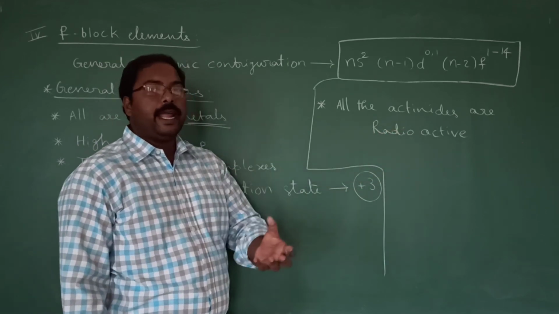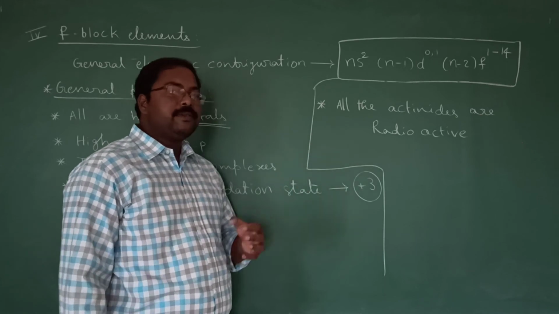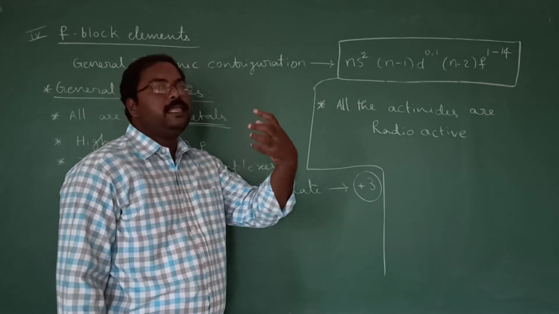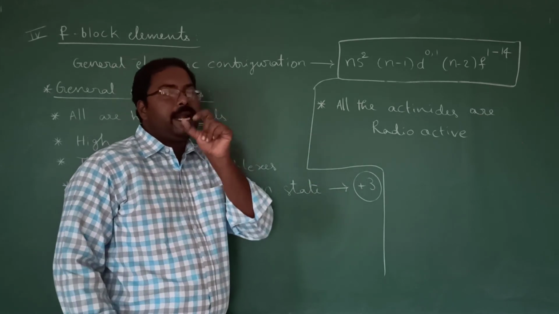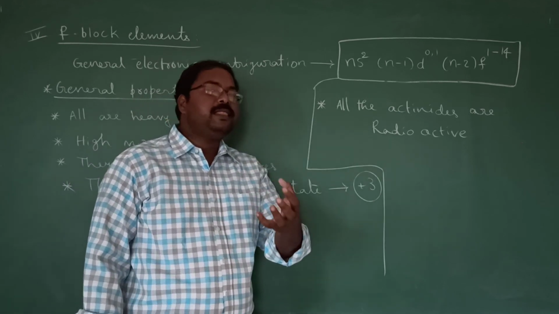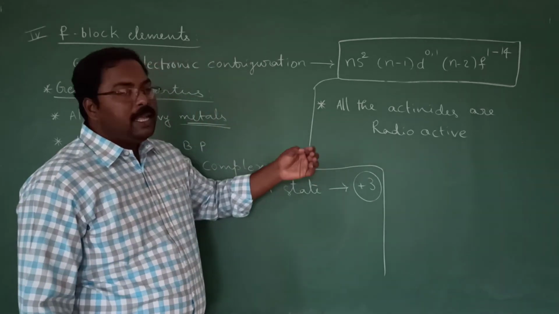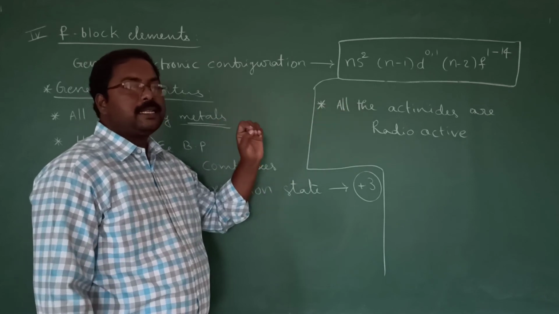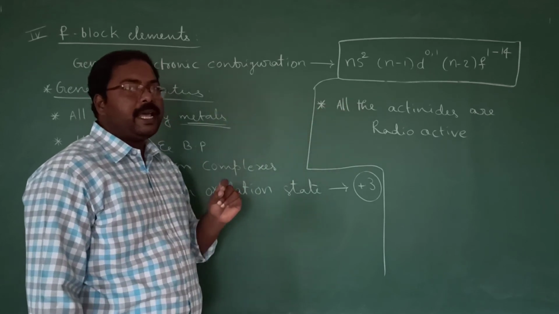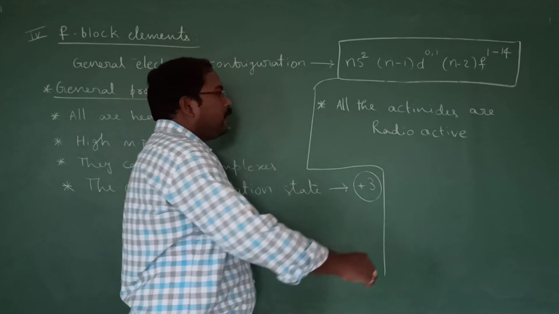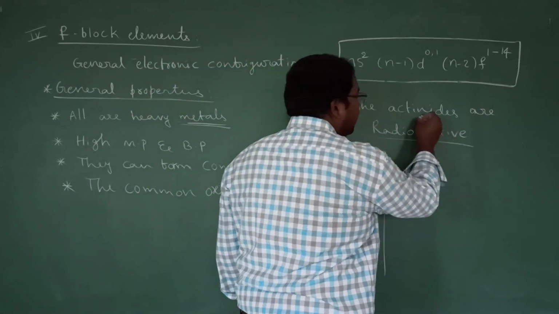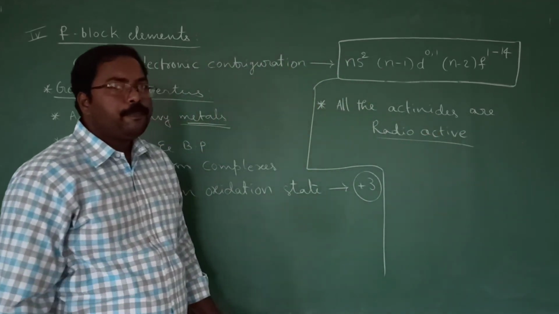You know about radioactivity, we discussed it in the atomic structure lesson. A radioactive element is one that generally emits radiation. You know about radium, because we use it to play with radium balls. They disintegrate particles like alpha particles and beta, gamma rays. So most of these actinoids are radioactive.